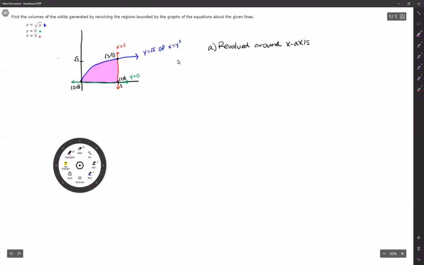No, that's no matter. Okay. So I'll draw a simplified version of it. So this is sort of our region right here. And it's going to be revolved around the x-axis, this horizontal line. Which means that's going to form this sort of bullet shape.